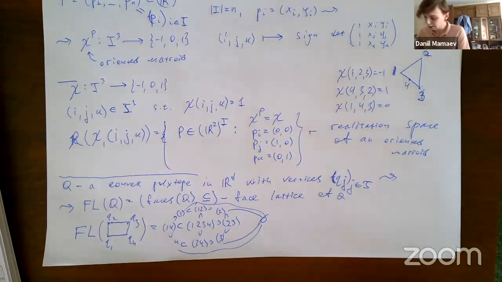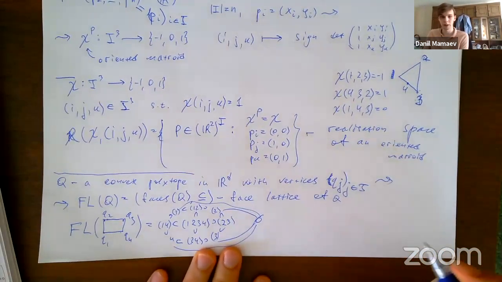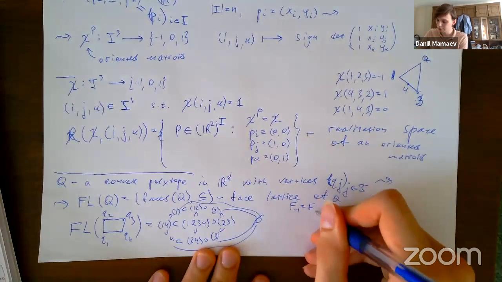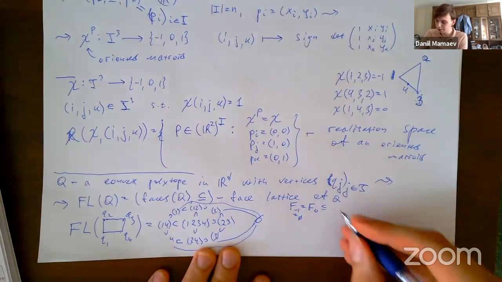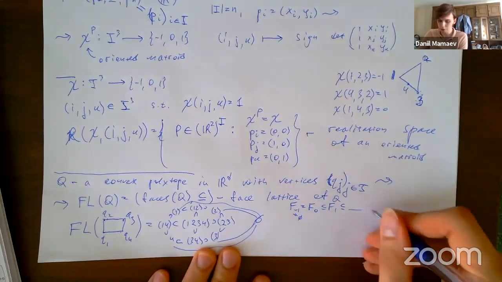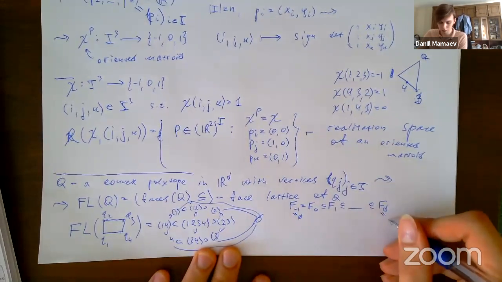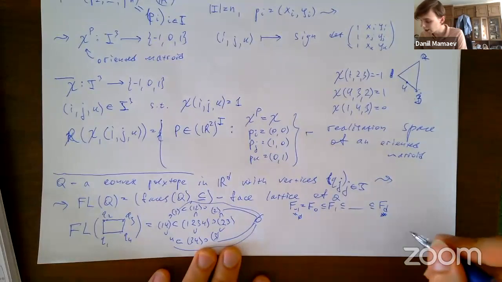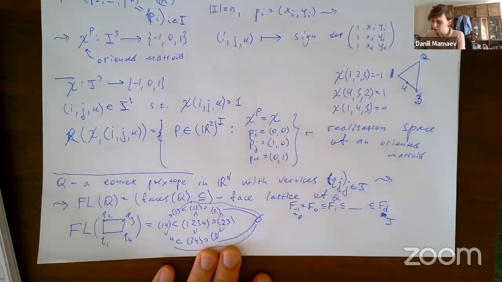Given some polytope, again, we need to fix some additional data. This time we fix a flag. First you take a vertex, then take an edge, and so on, until you take the whole polytope.